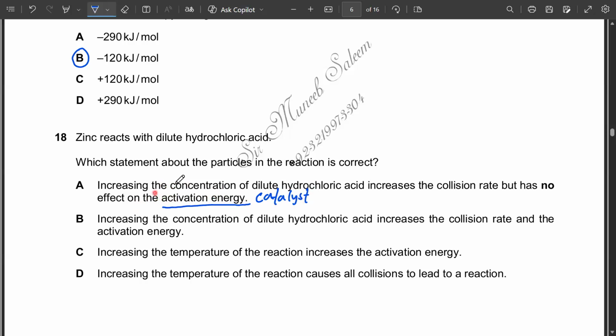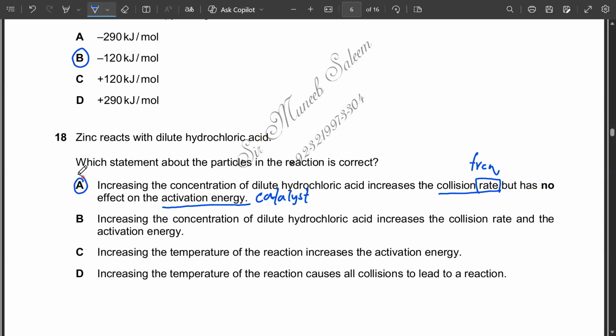So yes, this is a correct relation: if you increase the concentration, there will be an increased collision rate, that is collision frequency. By rate, it means frequency. Collision frequency will be increased and it will not affect the activation energy. So in both ways, this is a correct statement.